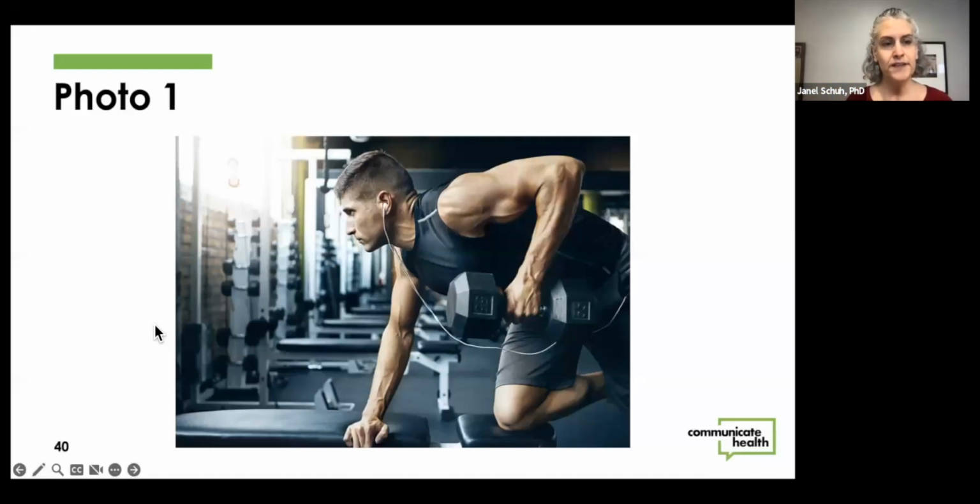So first of all, we have this image. In chat, if you can go ahead and share out when, if at all, you think you would use this image, like what health topic, what audience. Not sure I would use it.